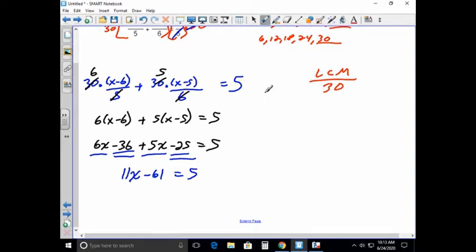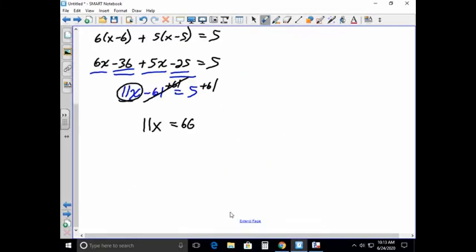Okay, since it's a linear equation, x to the first, we want to get that term by itself. So move the 61 to the other side. So those cancel. And then to get x completely by itself, the opposite of multiplying is to divide. So divide both sides by 11.